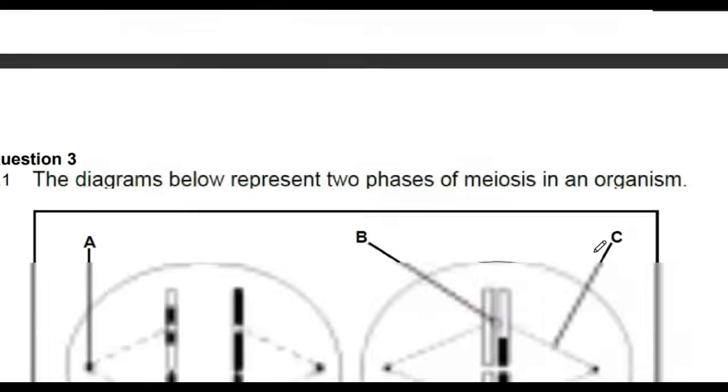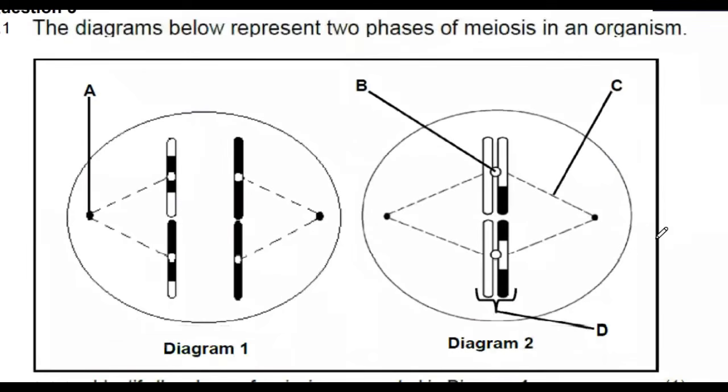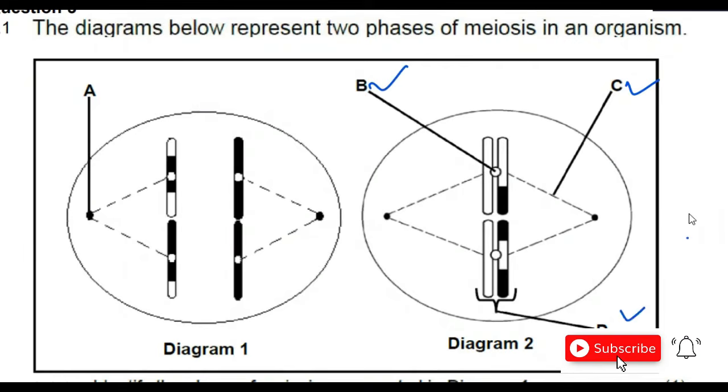And then if we see another question, label it, very simple. We usually bring the same kind of questions. So this is spindle fibers, this is centromere, this is chromosome, non-homologous chromosome is one chromosome, and then this is centriole, which is produced by the centrosome. And what causes these differences in the chromosomes or chromatids is crossing over.